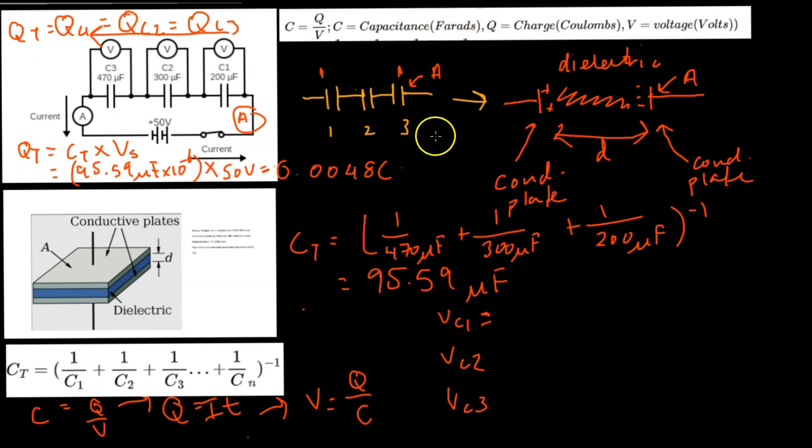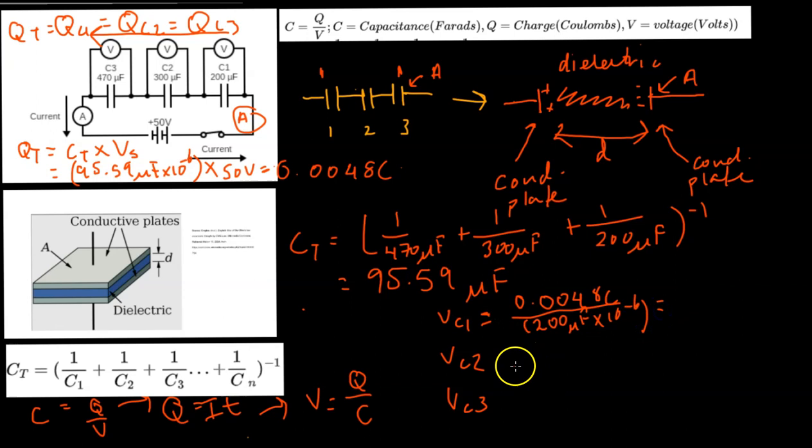Okay, so let's find the voltage drop over each capacitor. So V equals the total charge, 0.0048 coulombs, divided by the capacitance of capacitor 1 in farads. Capacitor 1 is 200 microfarads, so it's 200 times 10 to the negative 6.